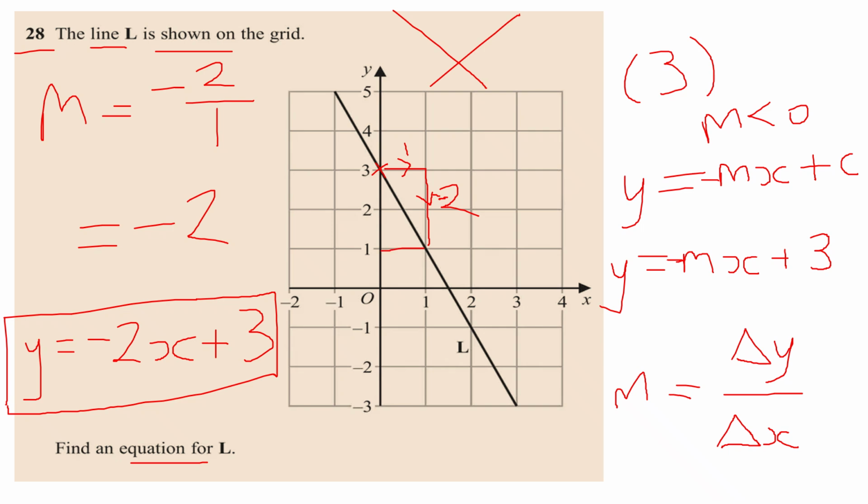So I'm going across minus 1 and then up 2. But you're able to pick any 2 points. You can start here and go across minus 3 and up 6. Whichever points you pick, you will get the same answer.